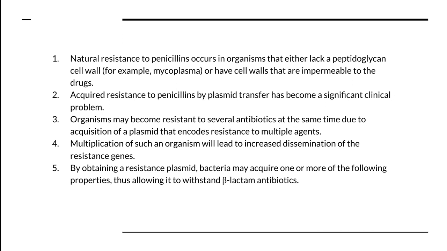There are also organisms with cell walls impermeable to the drug. Along with that, resistance can come up through plasmids. Plasmids contain antibiotic resistance genes. So both ways resistance is possible. There is nothing more to discuss in resistance. I hope you understood.